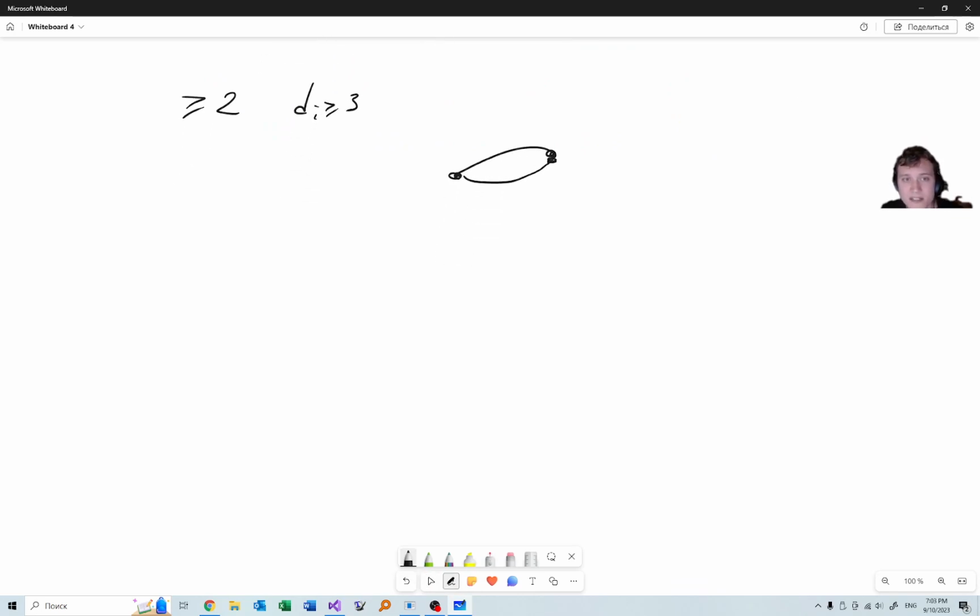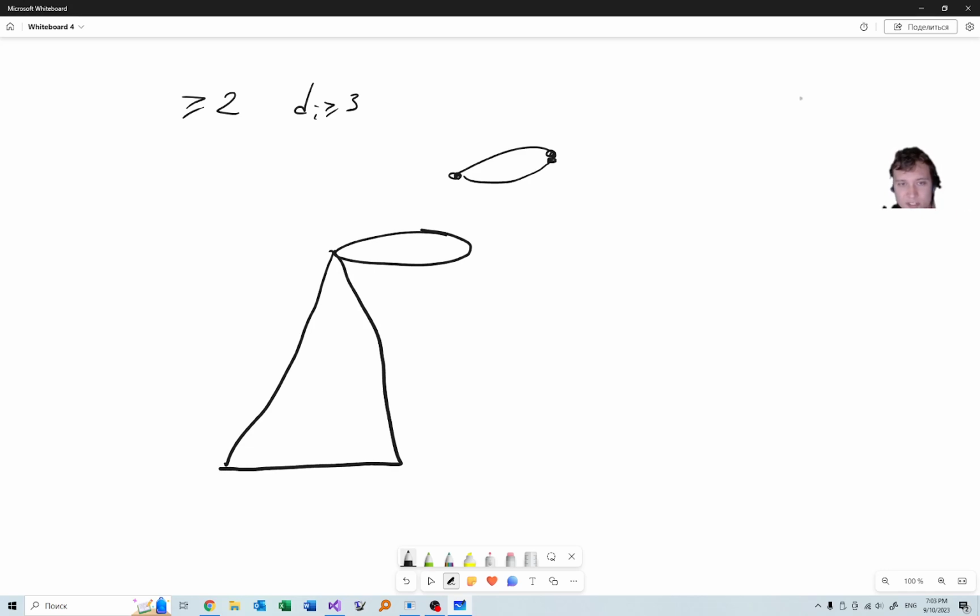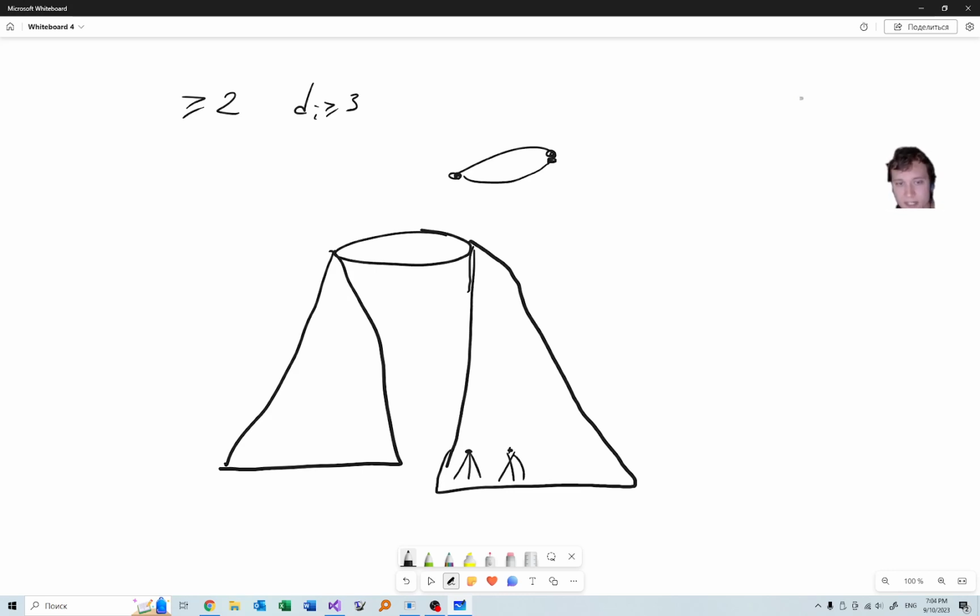We have made a cycle, but we have 2 trees which differ at 1. So the depth of this tree is at least 1 plus depth of this tree. So if there are at least 2 vertices on this level with children, then it is fine. I can make a swap as I did before.